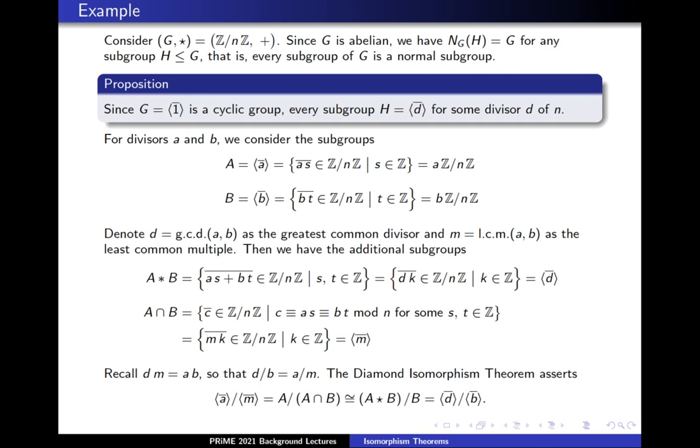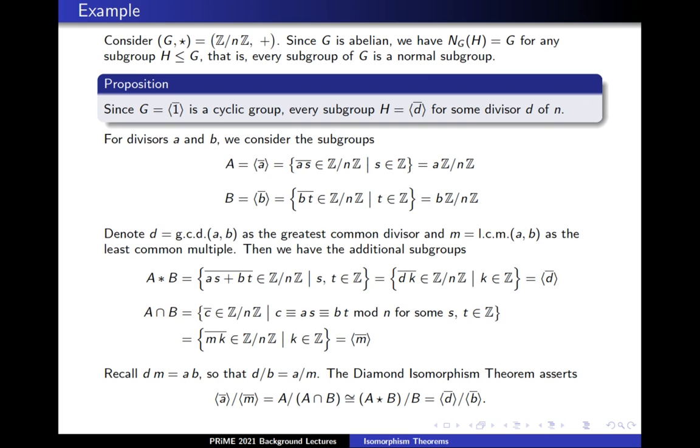Okay, so we know from elementary number theory that D times M, this GCD times LCM, is equal to the product of A and B themselves.